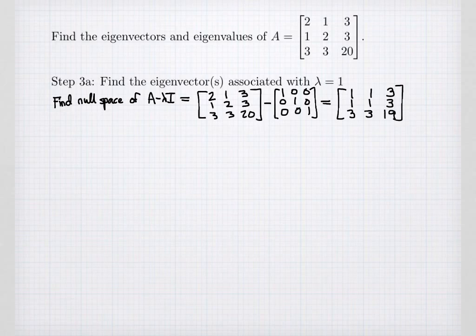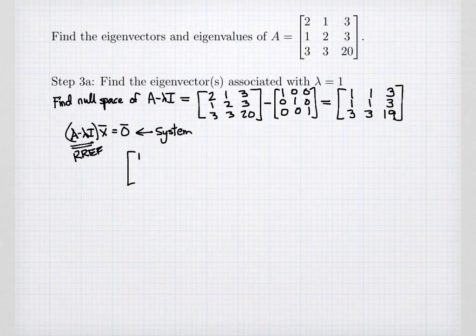Now the null space is asking, this is a matrix, and the null space is saying what vector can I multiply by and get back the 0 vector, and this is a system of equations. So when I want to solve my problem, I'm going to find the reduced row echelon form of the A minus lambda I matrix.